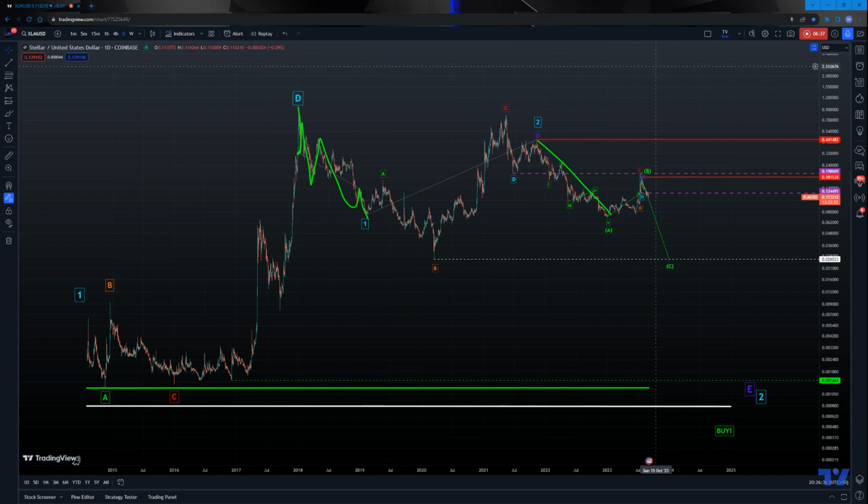So as long as wave 3 is not the shortest, wave 5 can be any length, which means that we could seriously go much lower in wave 5, okay, once that happens.